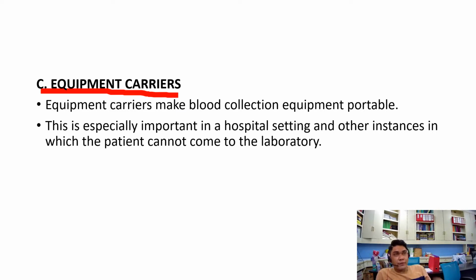Then you have your infectious waste container, sharps container. So to carry all those materials, you need an equipment carrier. Okay. This is especially important in a hospital setting and other instances in which the patient cannot come to the laboratory. Okay.